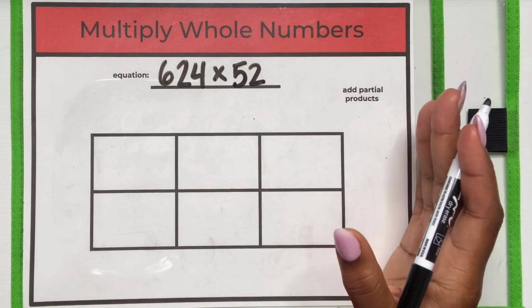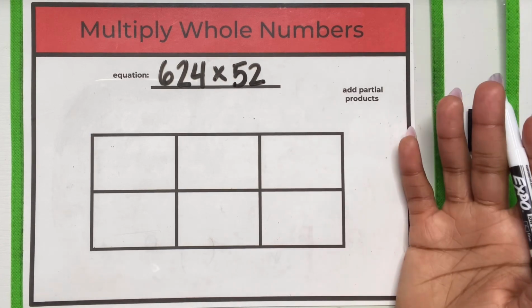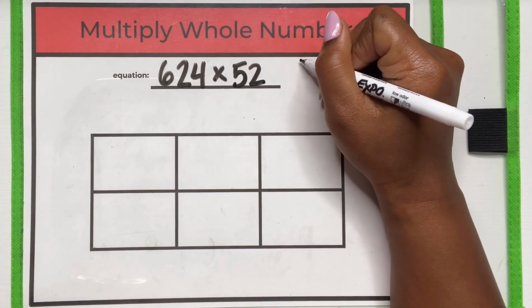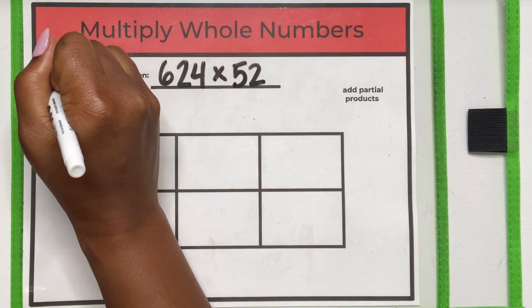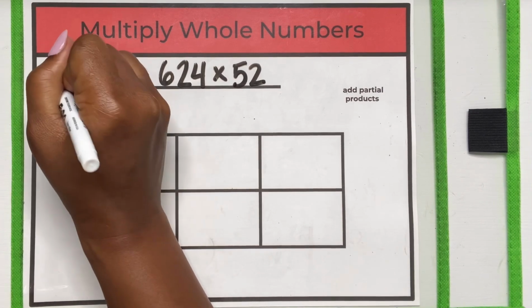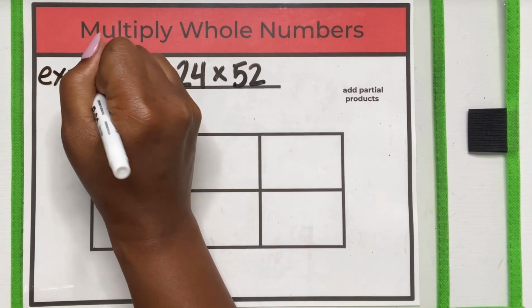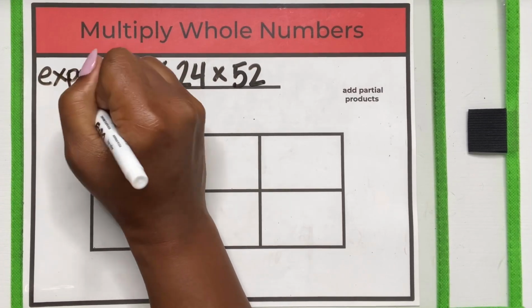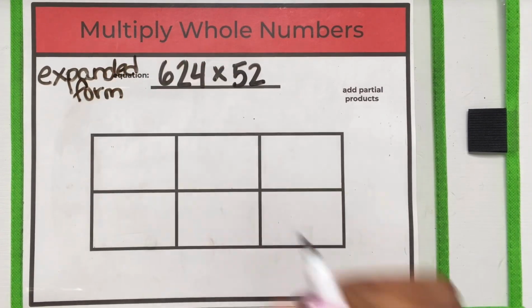Okay, now the first step in using an area model to multiply whole numbers is to put the numbers in expanded form. So let's first put 624 in expanded form. You learned how to do this in the lower grades. You're simply stating the value of each digit.